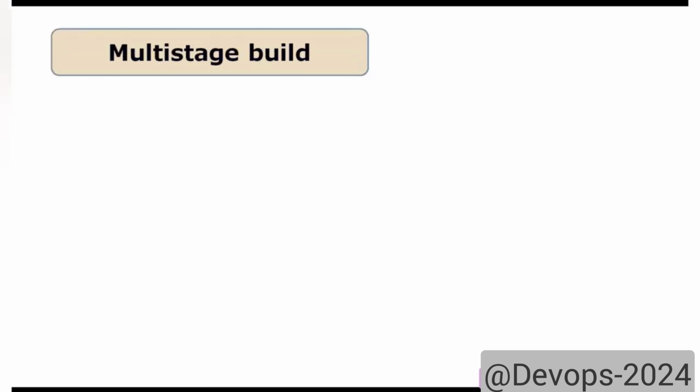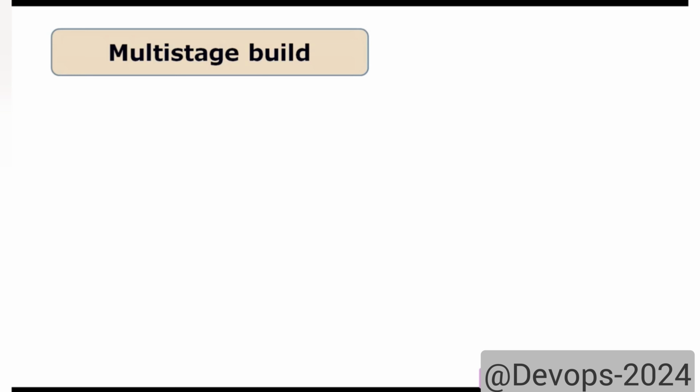Now, the multi-stage build is the advanced side of Docker images. This is a very popular method for optimizing the Docker image, and from an interview perspective it is also very important. So let's see how we can create Docker images using this method.